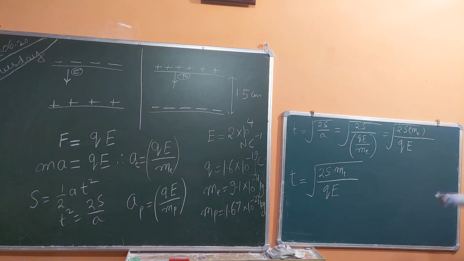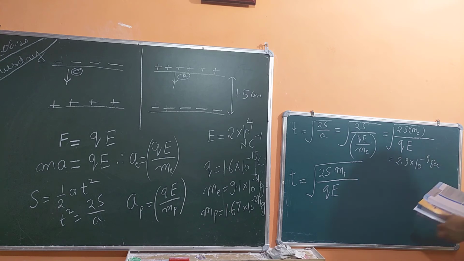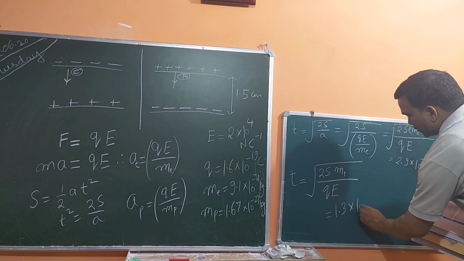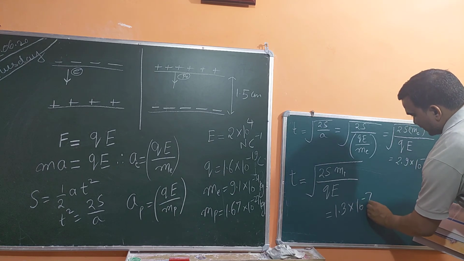So I'm sharing those details with you. In case of electron, it comes out to be 2.9 into 10 to the power minus 9 second. And in case of proton, if you do the calculation, it comes out to be 1.3 into 10 to the power minus 7 second.